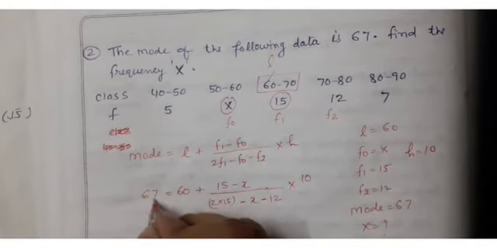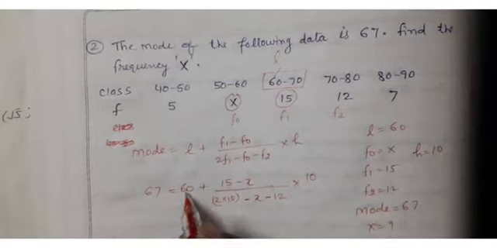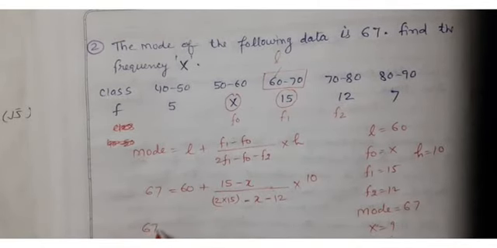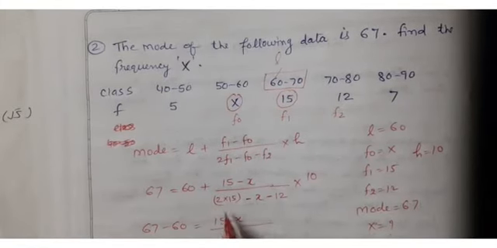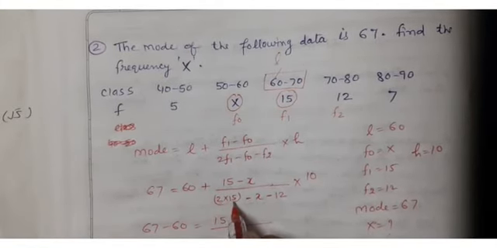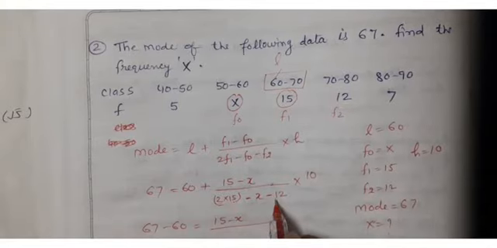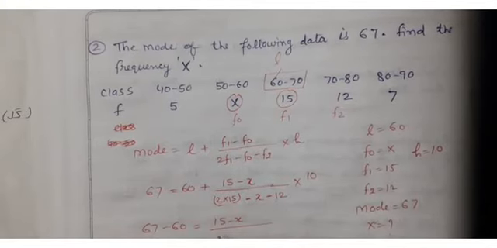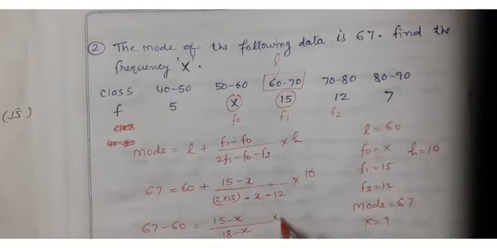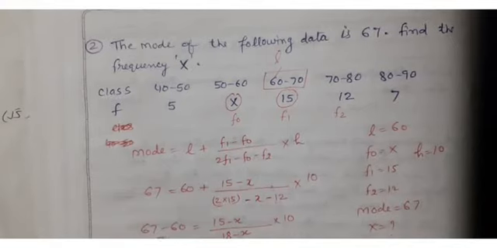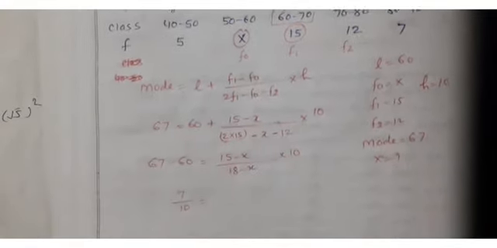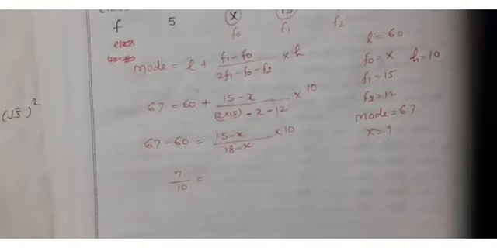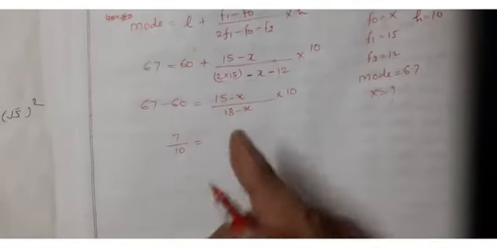This is 67. Send 60 there: 67 minus 60. Here is 15 minus x, 30 minus 12, this is 18 minus x, into 10. So this is 7, no? 7 upon 10 you can write.